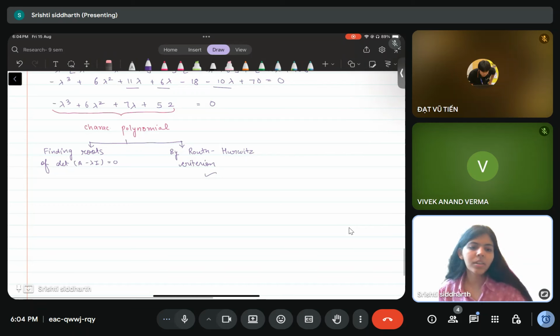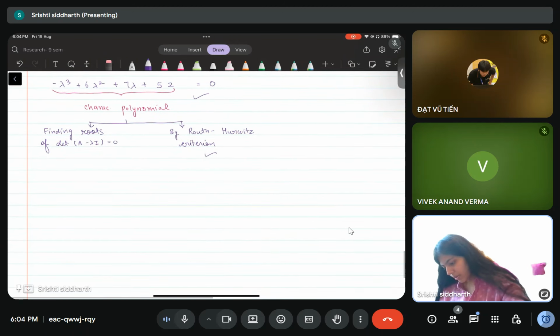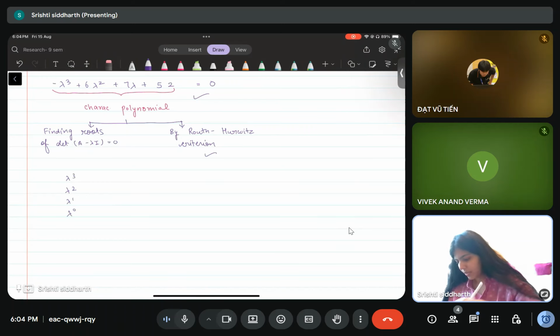Let's take this approach so that we don't have to find the roots. This is a third order system, so we have lambda cube, lambda square, lambda 1, and lambda to the power 0, with entries minus 1, 6, 7, and 52.